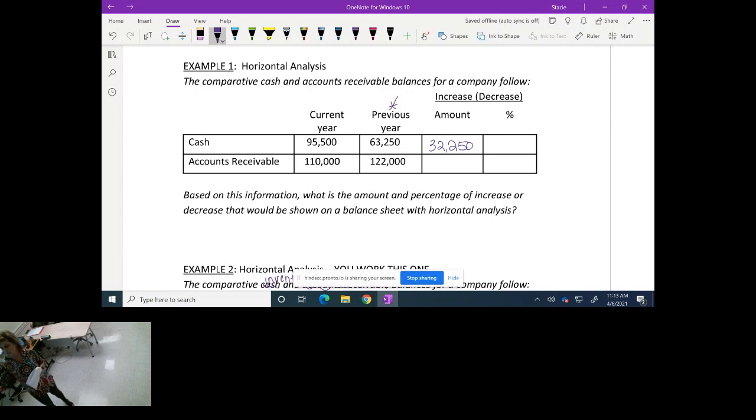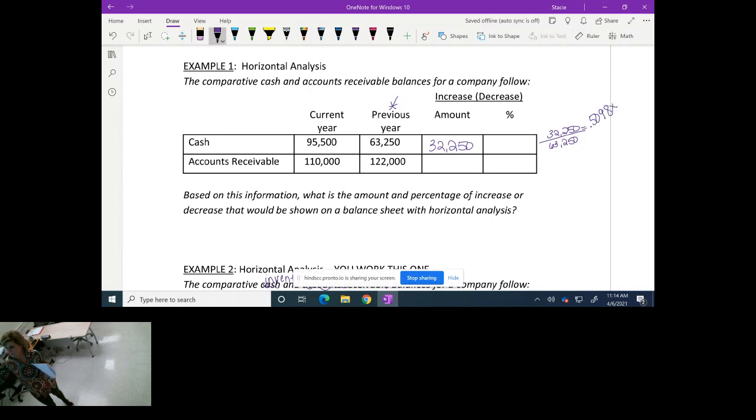So you would take your $32,250 increase, divide it by the oldest year, which is going to be your base year, and that's going to give you a decimal. You're going to get an answer like 0.5098.